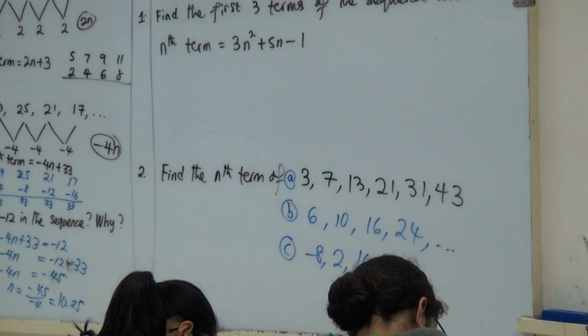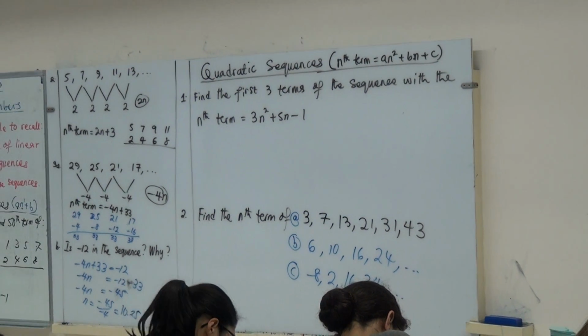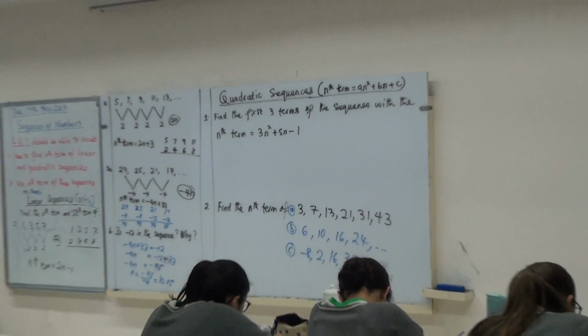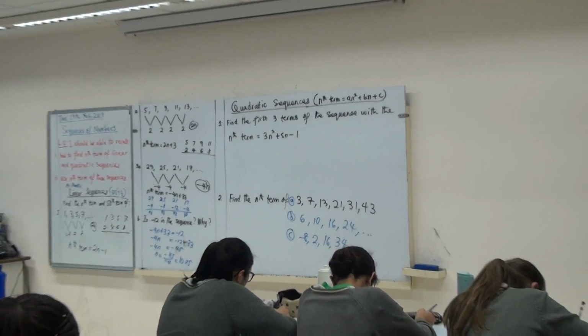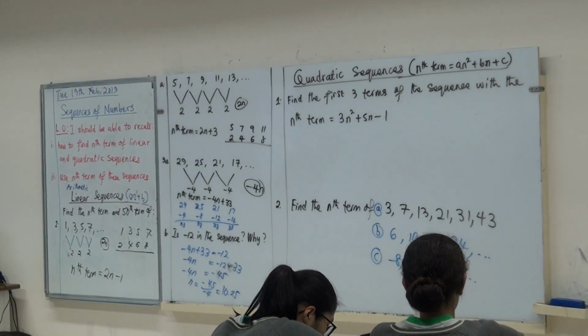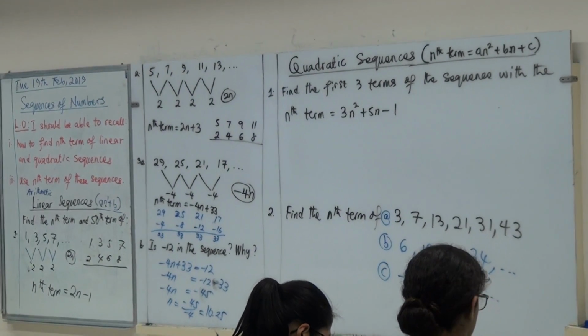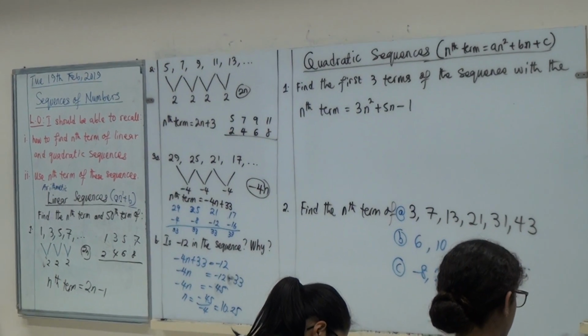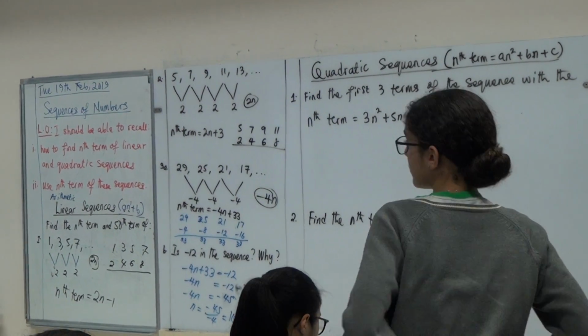So tomorrow morning, we'll look at it properly. If you are not able to, you can also look at the paper I've given you. I think there's quadratic in it, so that will guide you. All right, class dismissed. See you tomorrow morning.